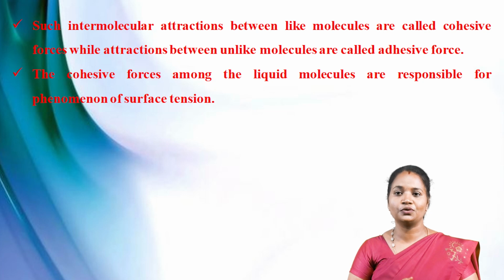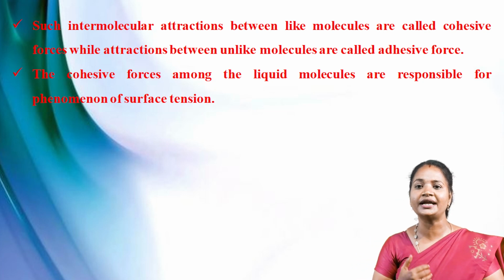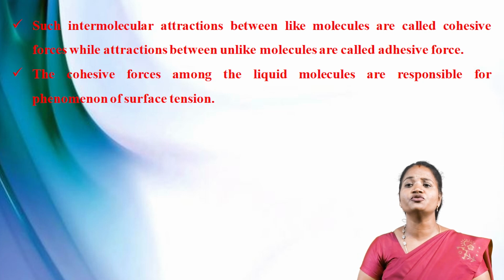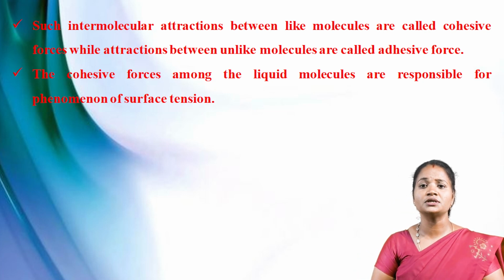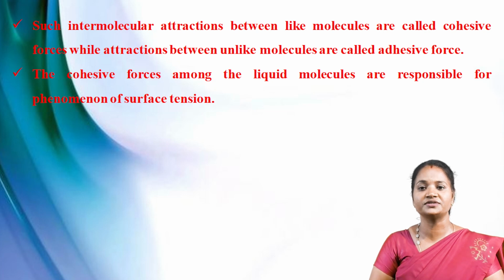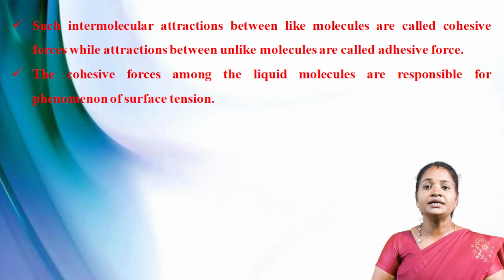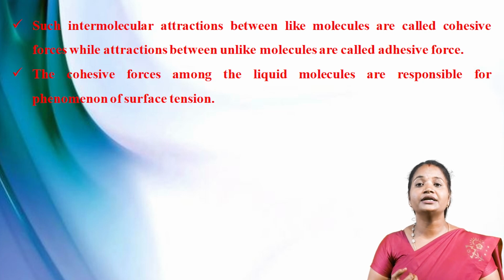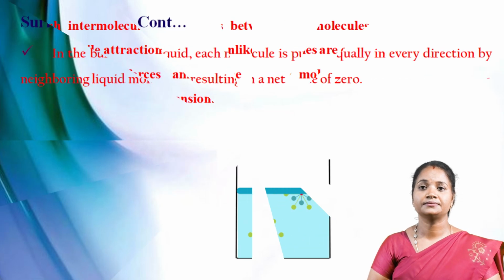Due to this cohesive force, the molecules try to attain a minimum surface area. So this cohesive force among the liquid molecules is responsible for the phenomenon of surface tension. By measuring the strength of the cohesive force, we measure the magnitude of surface tension.